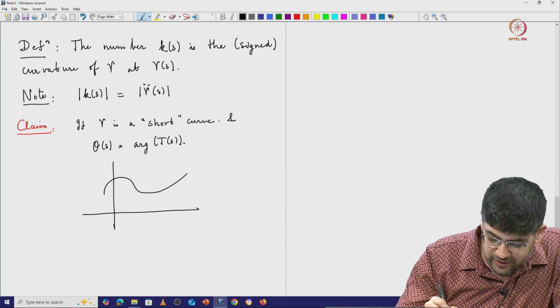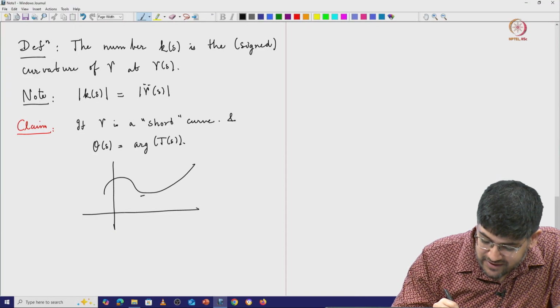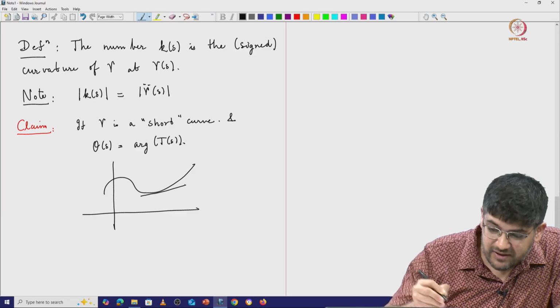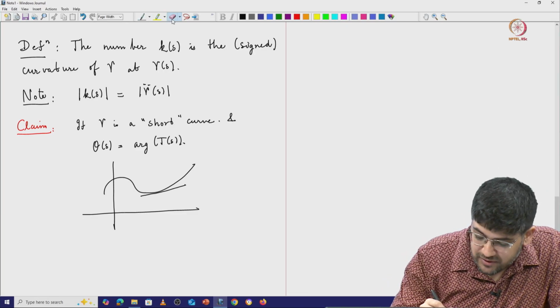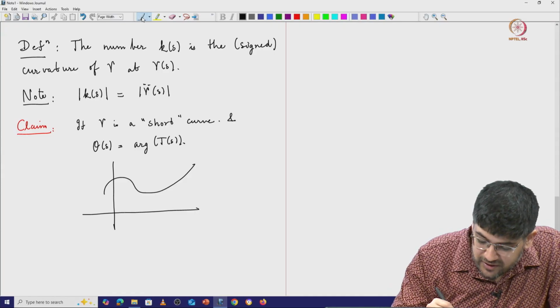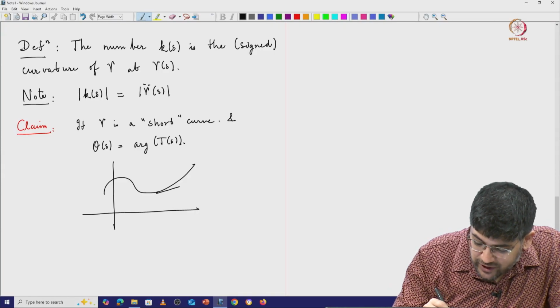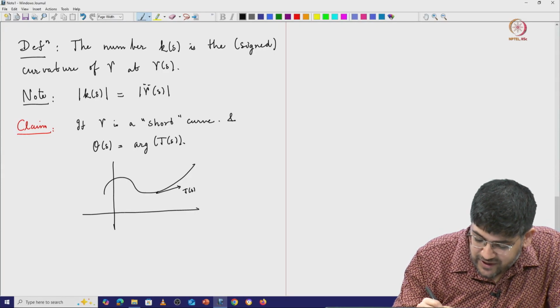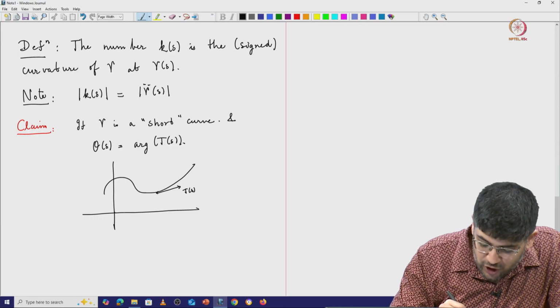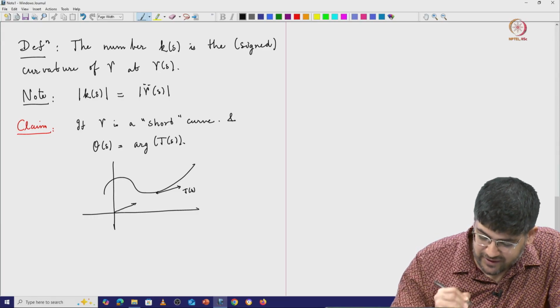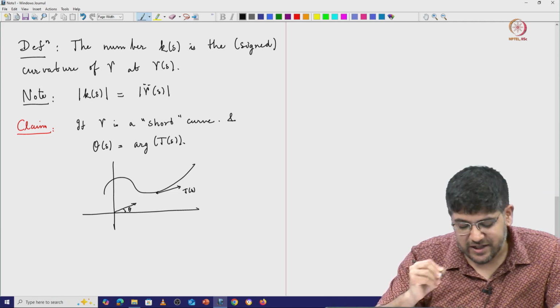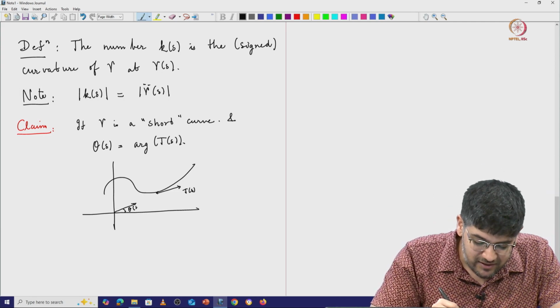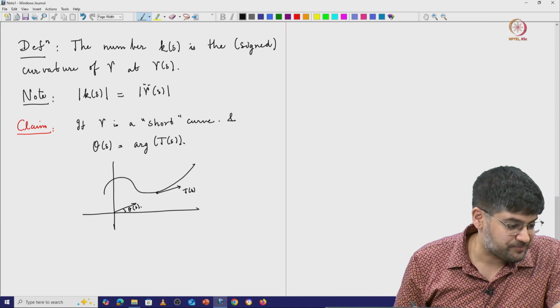Let's say your curve gamma is something like this, and at this point you have this unit tangent vector T of s. We draw a vector parallel to that at the origin, then the angle that this makes with the x axis, that is going to be theta of s, right.